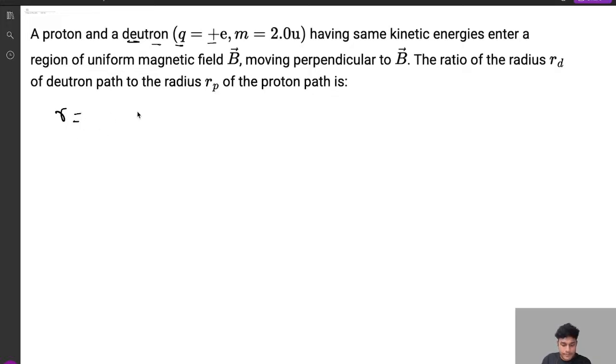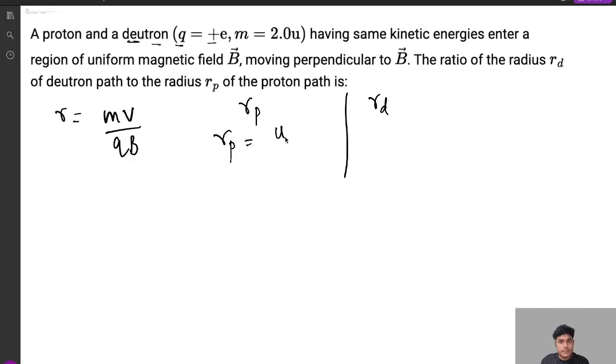As we know, radius is equal to mv by qB, right? If we see the radius of proton, it is equal to mass, and the mass of one proton is 1 mu, into the velocity.